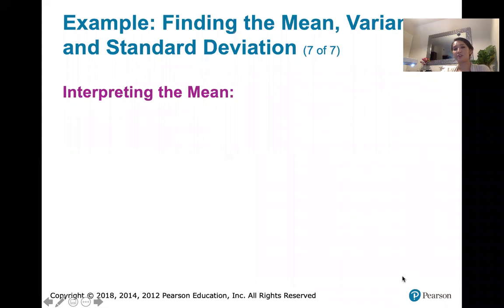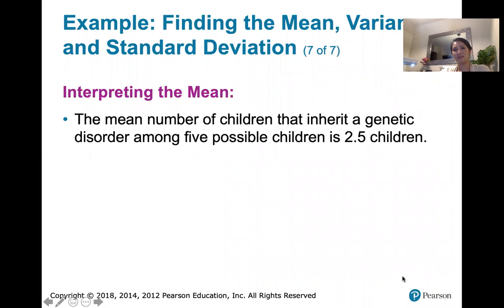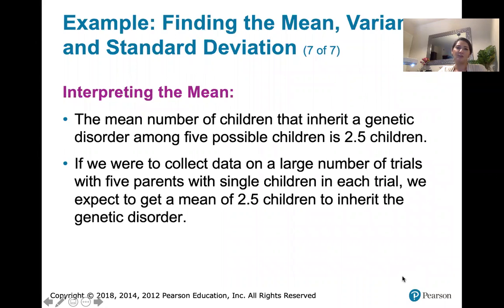Now, if you want to interpret these numbers, the mean can be interpreted this way. The mean number of children that inherit a genetic disorder among 5 possible children is 2.5 children. Also, we can interpret it this way because it's the expected value as well.